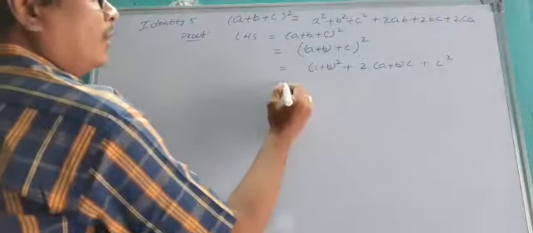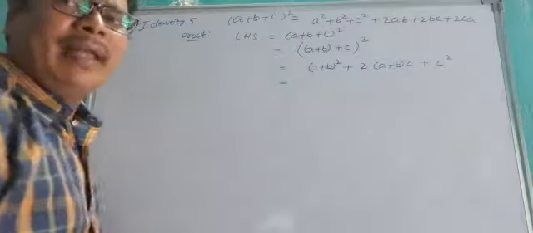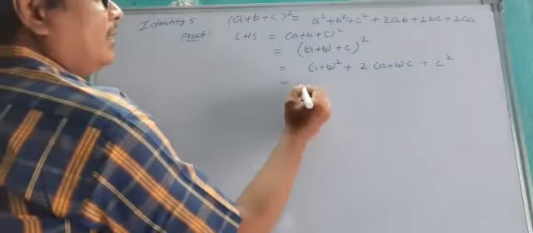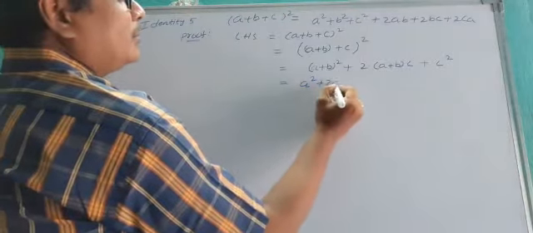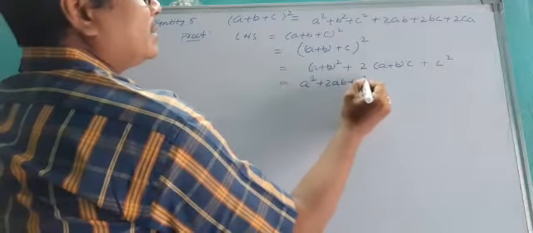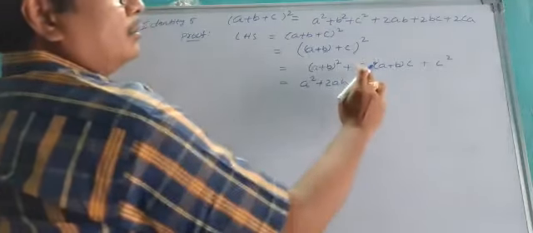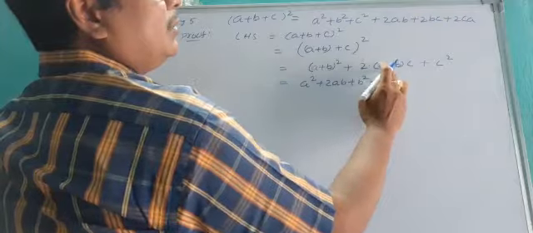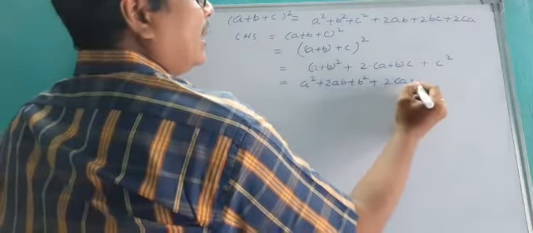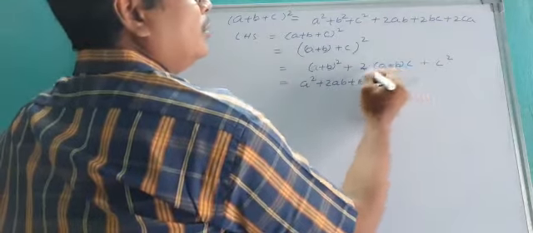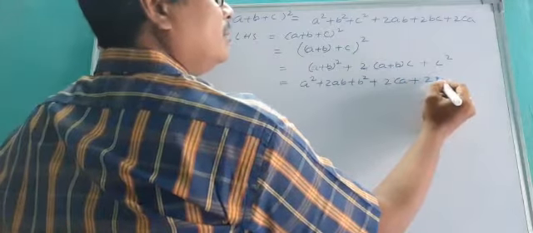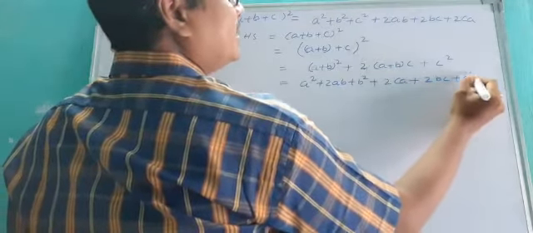Okay, now once again, (a + b) whole square is equal to a square plus 2ab plus b square. And 2 into c, 2c into a, 2ca, plus 2c into b, 2bc, plus c square.